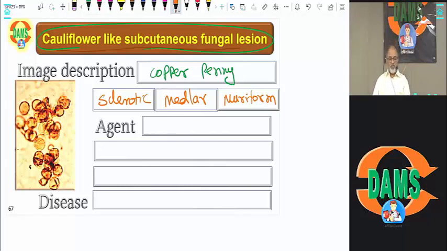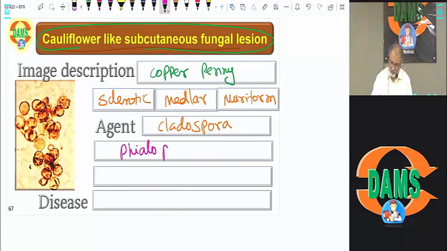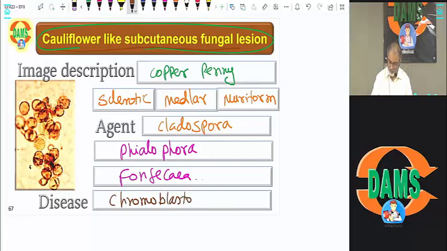It is diagnostic of chromoblastomycosis, caused by Cladosporium, Fonsecaea, Phialophora and others. The name of the disease is chromoblastomycosis.